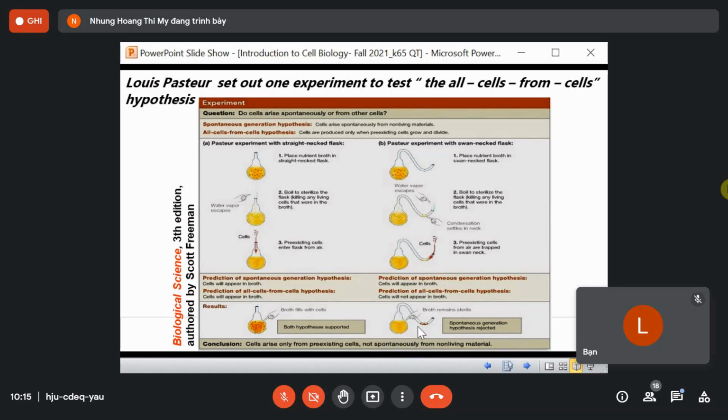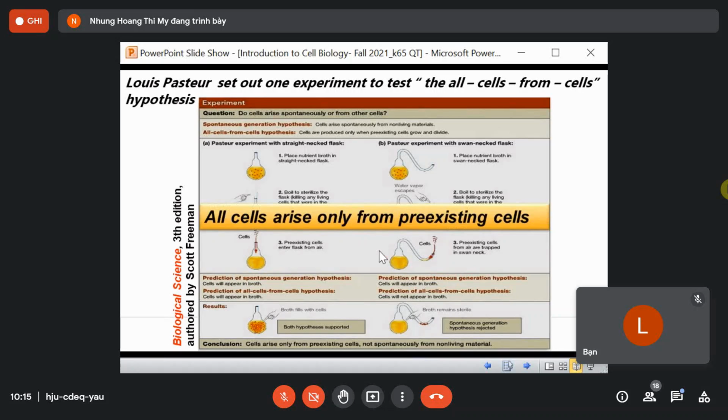Because of that, the hypothesis of spontaneous generation failed. So cells arise only from pre-existing cells. That is the experiment of Louis Pasteur to prove the germ theory.